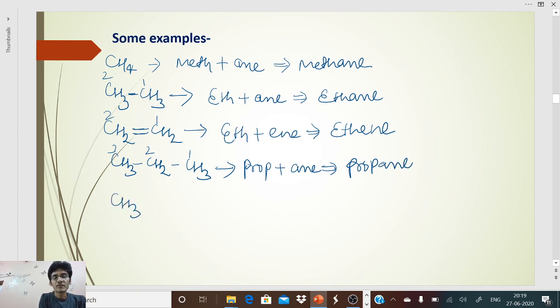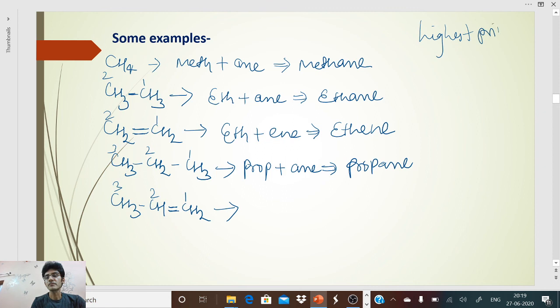Now CH3-CH=CH2. Okay. This is carbon 1, this is 2, this is 3. Because here a double bond is present, the double bond will be given the highest priority, which means the lowest number. So the double bond will get the lowest number if double bond and single bond both are present.